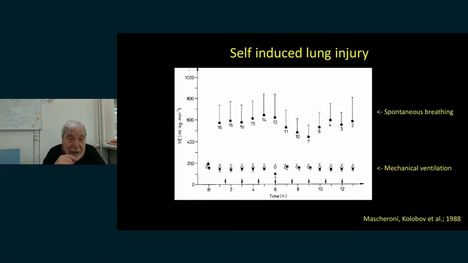Now, this is an older study which was done by my mentor, Dr. Korobov. Korobov was a genius. He was a man who invented the spiral coil membrane lung, which was used for at least 30 years. And they were injecting, here with Mascheroni, Fumagalli, and so on, in the '80s, when nobody spoke about this kind of thing, some acid in the cisterna magna of the sheep.